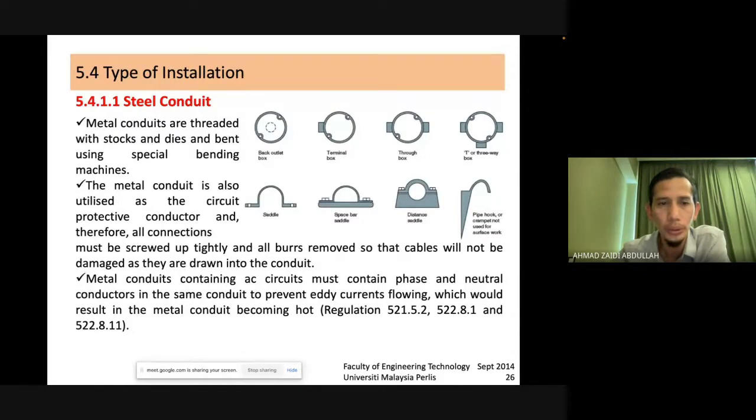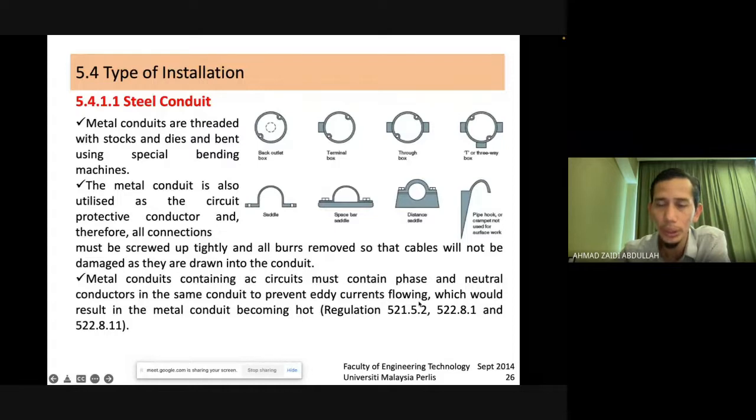So when we deal with the steel conduit, then our cable is AC, right? We must put both phase and neutral cables in the conduit to prevent eddy current flowing.